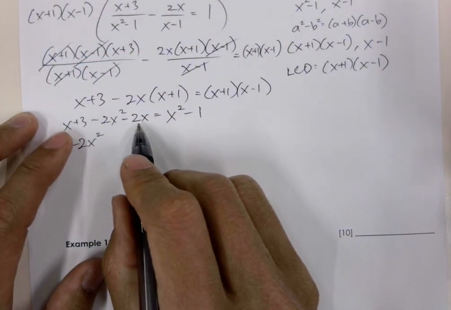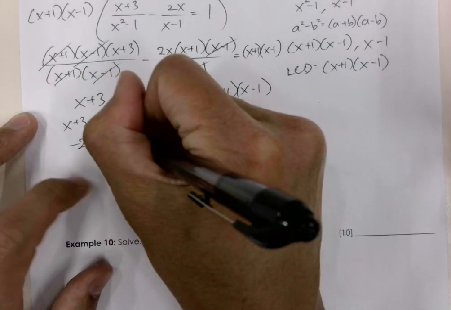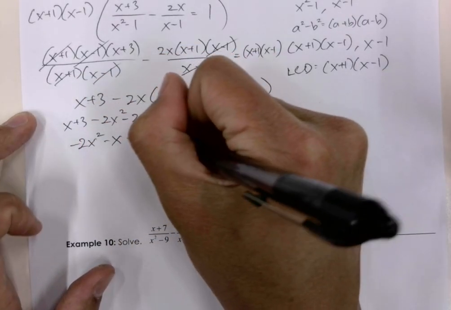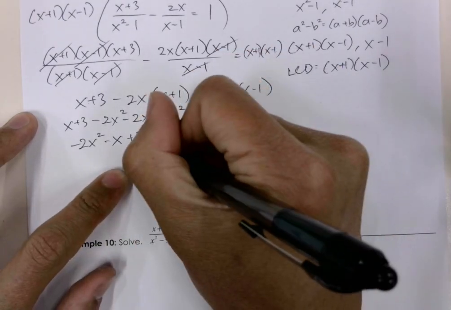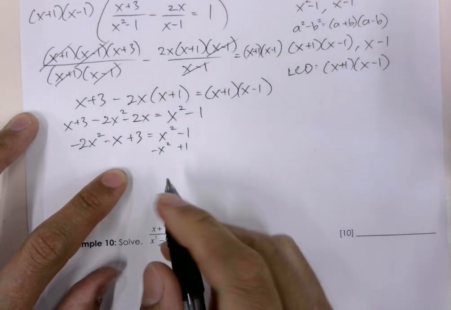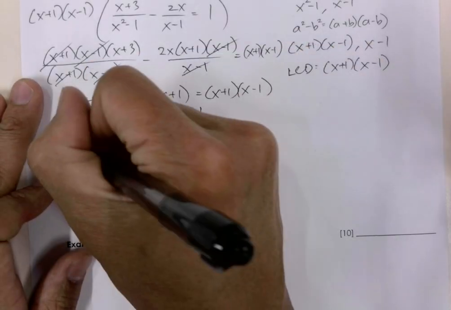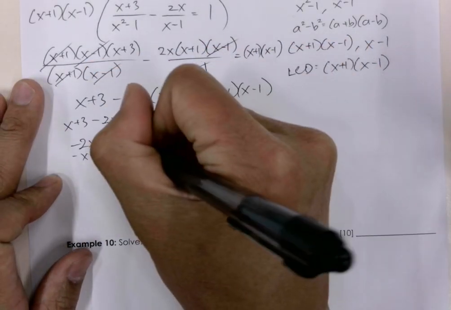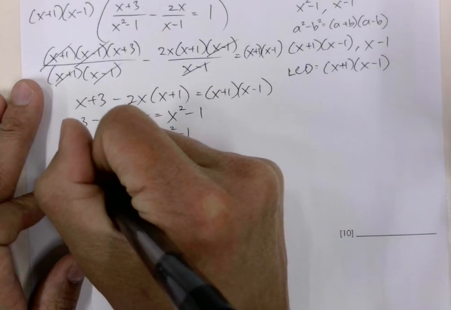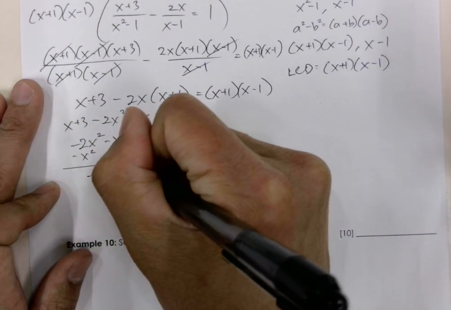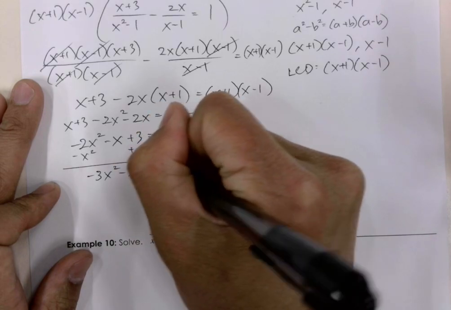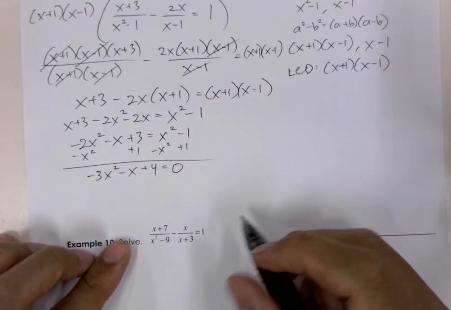I'm combining these two like terms, so it's going to be negative x plus 3 is equal to x squared minus 1. Now I'm subtracting my x squared and I'm adding the 1. I'm moving both of these terms to the left side of the equal sign. So that's minus x squared, and I'm adding 1. Right? So we get negative 3x squared minus x plus 4 is equal to 0.